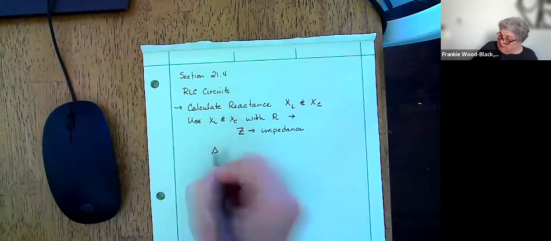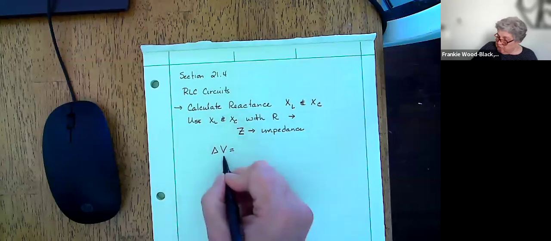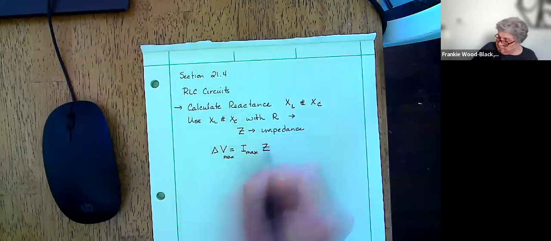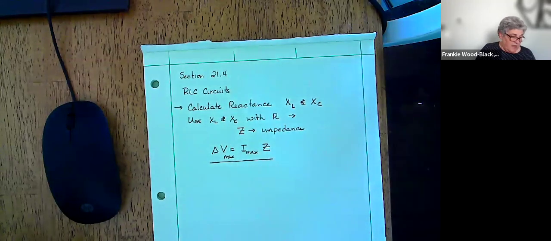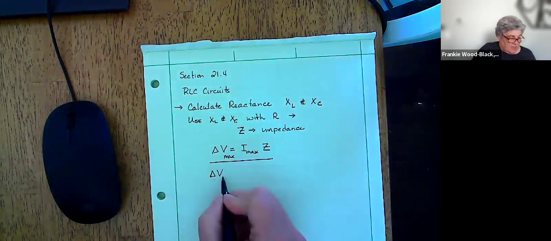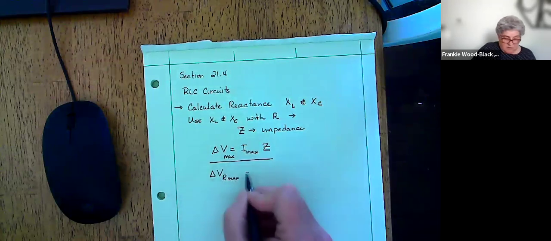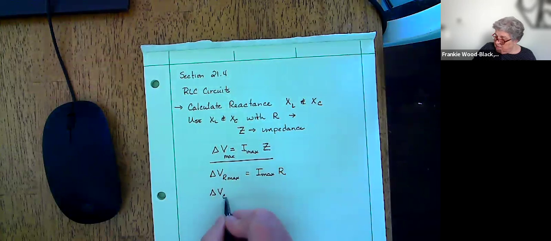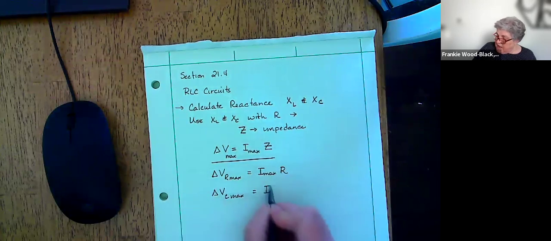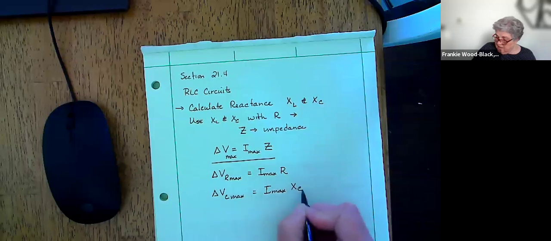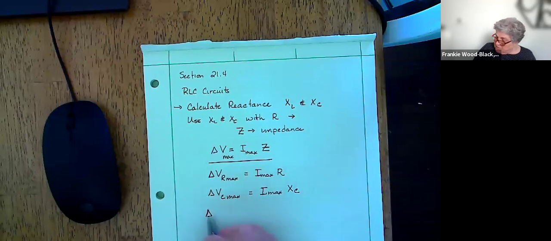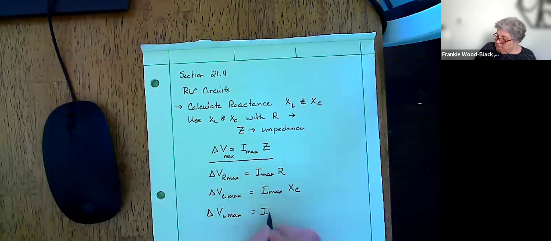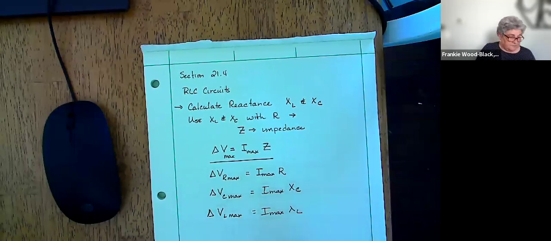Then your delta V, if I'm doing the max, is going to be I max Z. You're going to use your Ohm's law the same way. And then you'll do your delta V R max, which is going to be your I max R. Your delta V for capacitor max is your I max X sub C. And your potential associated with inductors is going to be your I max XL.